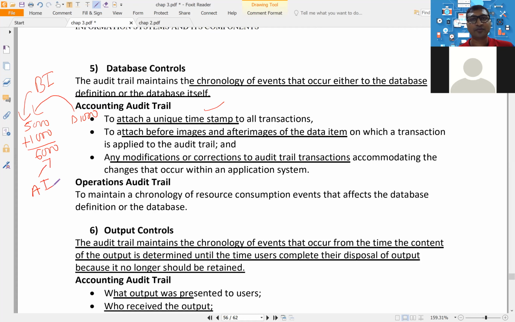So before processing it was 5,000 and after processing it is 6,000. This is what before image, after image is. And whenever you modify the data, every time you need to take before image and after image. Every time. I have given you one diagram also in database control.